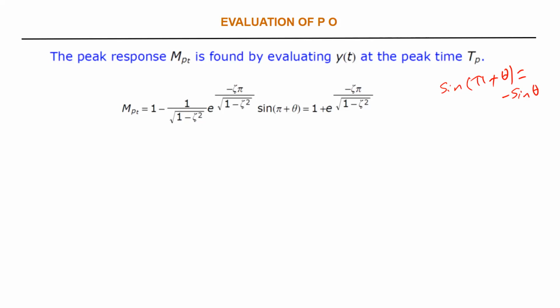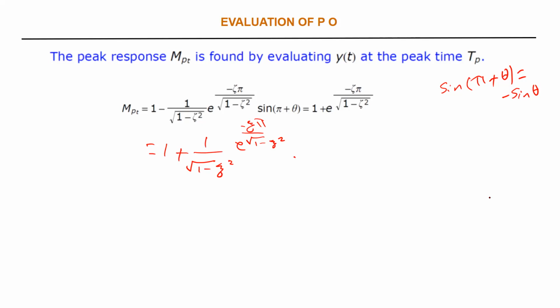Okay, so I will have a minus sine theta, so this is going to be 1 plus 1 over root of 1 minus zeta square, e to the power of minus zeta pi over root of 1 minus zeta square, times sine theta.